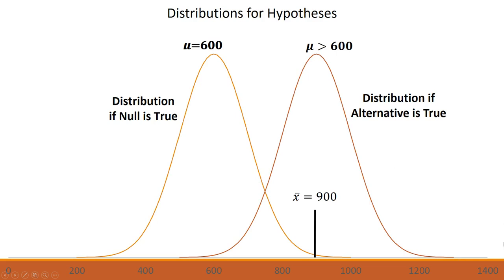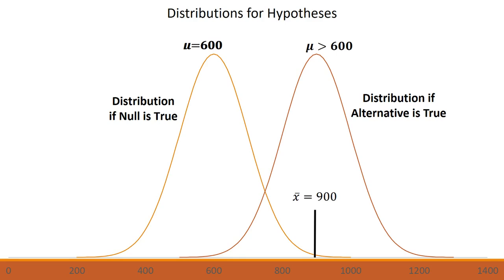All right, so this is the intuition behind hypothesis testing. What we want to know is how extreme our particular observed sample mean is if the null hypothesis is true. Because if it's really extreme, then we will reject the idea that the null hypothesis is true, and we would say that we have provided evidence that the alternative hypothesis is true.